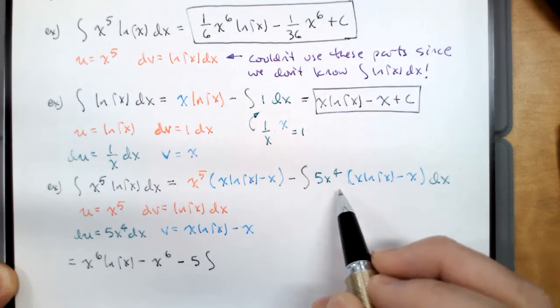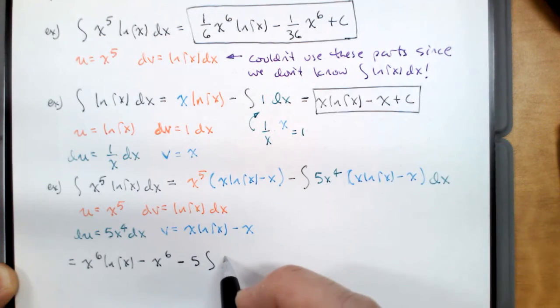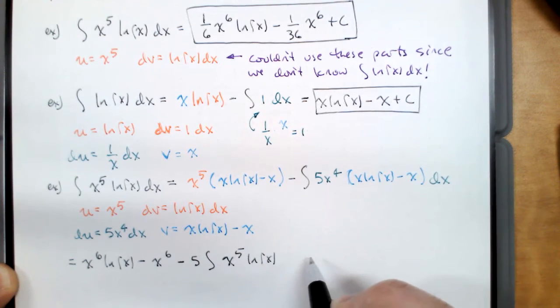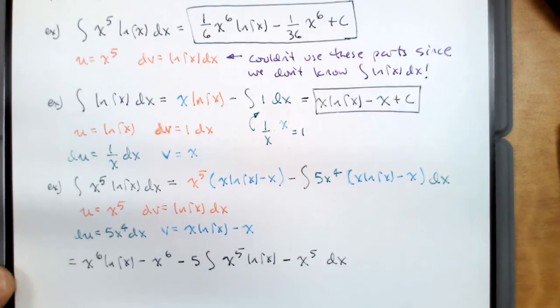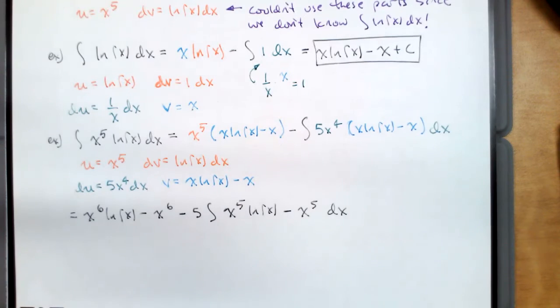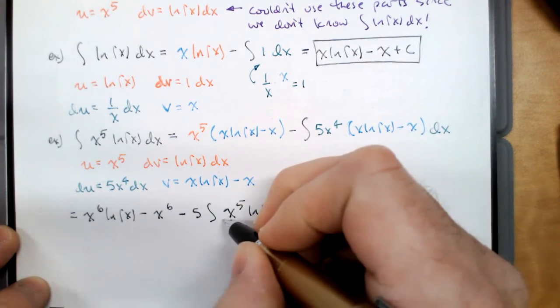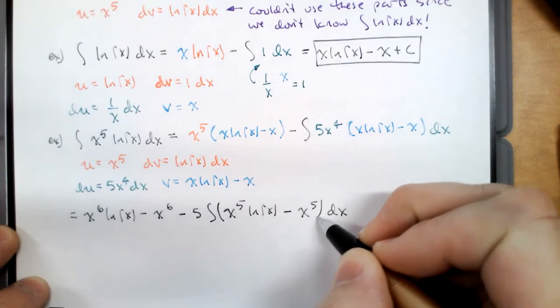I'm going to multiply this out here as well: x to the 5th ln x minus x to the 5th. Whoa, hang on. I should put parentheses to emphasize that these two are all in the same integral still.